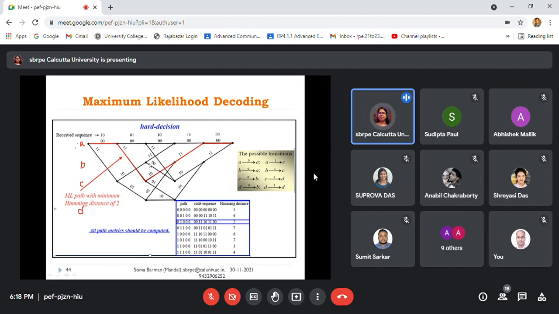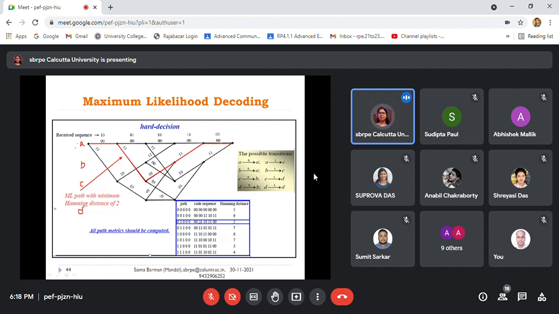So from there, for all the possible 8 pathways, you have to find out the code word, and find the Hamming distance between the code word obtained from the trellis diagram and the received code word. You take the difference, find the minimum Hamming distance, and that path will survive.